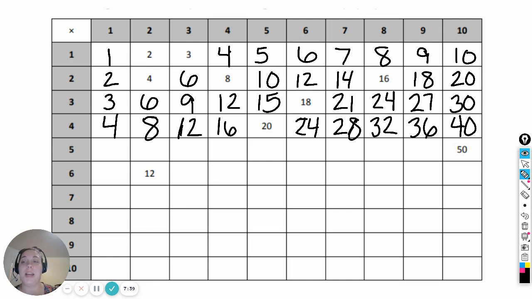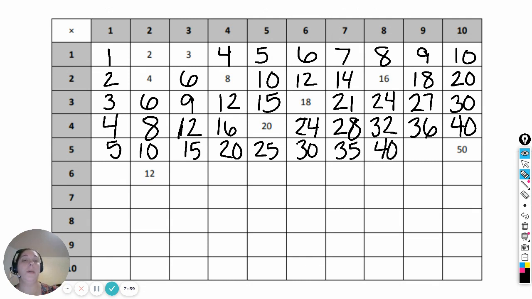Counting by fours. The next row we're going to do is one we also know already, which is counting by fives. 5, 10, 15, 20, 25, 30, 35, 40, 45, and we end with 50.